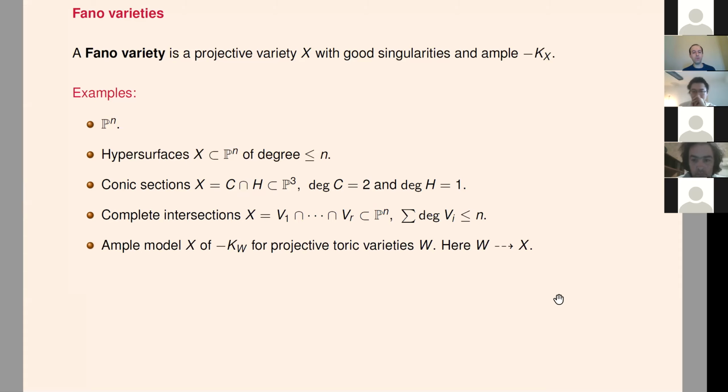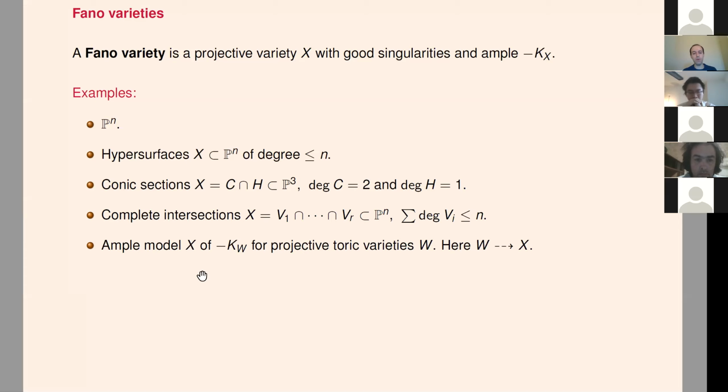Now, if you know what a toric variety is, if you take a toric variety W, then minus the canonical divisor is large enough. To be precise, we say that it is big. And if we run a minimal model program on this variety, not on the canonical divisor, but this time on minus K, in the end we can produce something which is the ample model of W, in the sense that we can make minus K ample somewhere.